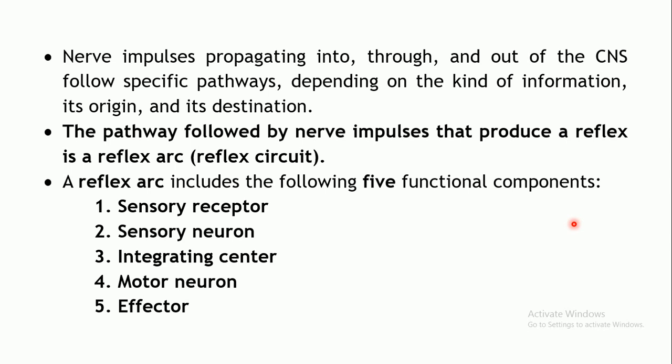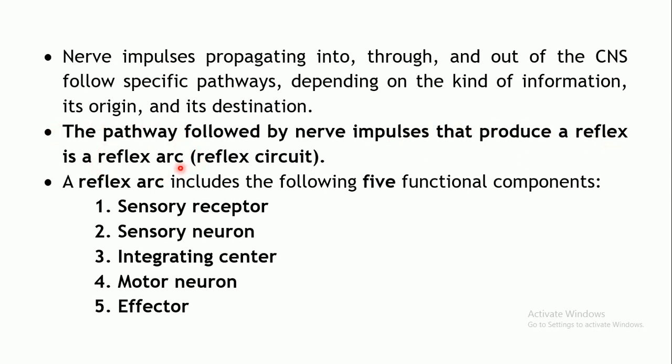Then that information will be carried towards your CNS, that is either the brain or the spinal cord. So we are talking about the spinal cord. The spinal cord will process it. Then the information will be given in the form of motor output. And then the effector organ will respond. So this entire process, the pathway which is followed by these nerve impulses to produce a reflex, that is called a reflex arc.